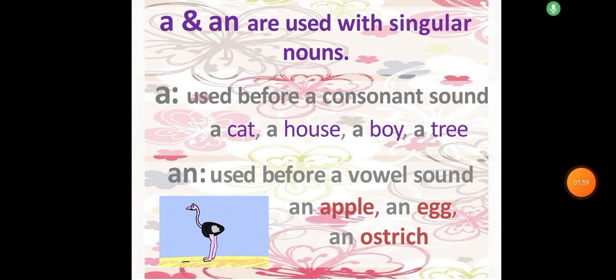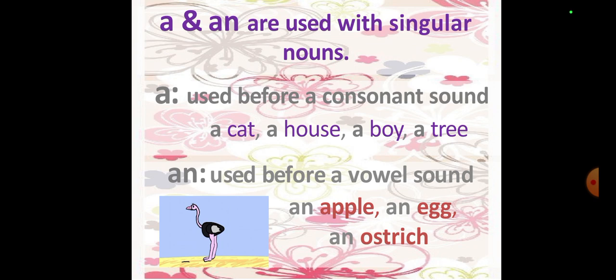So it's very clear that a is used before a consonant sound. Everyone notice that whenever we have a consonant sound, we use a, like a cat, a house, a boy, or a tree. An is used before a vowel sound, like a, e, i, o, u, as in an apple, an egg, an ostrich.